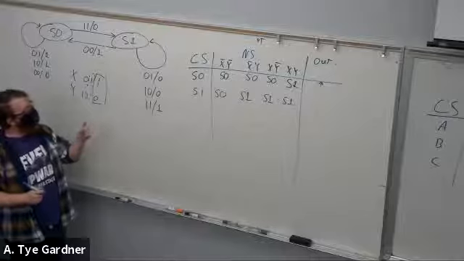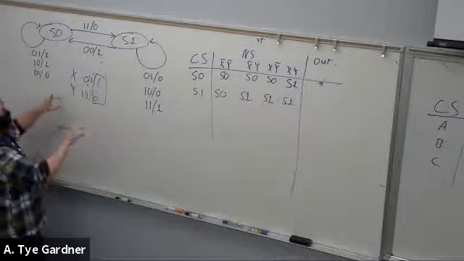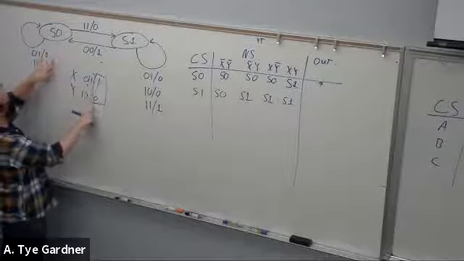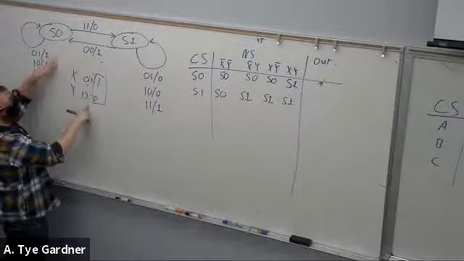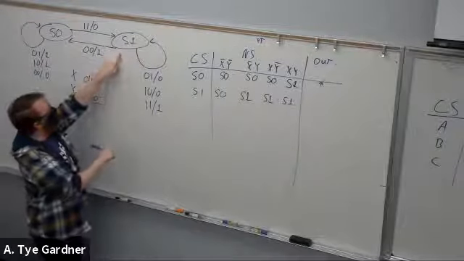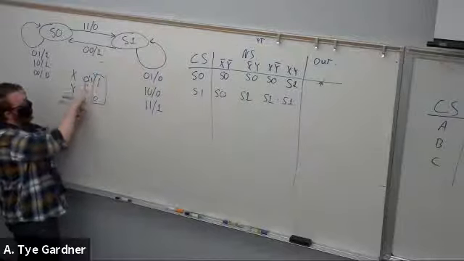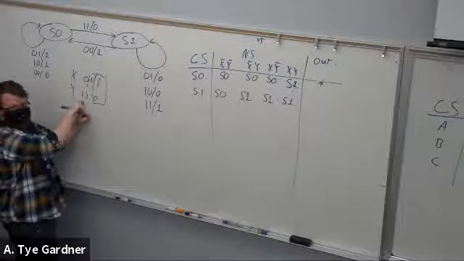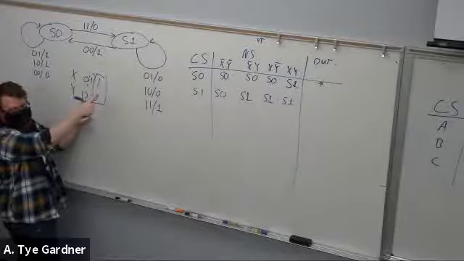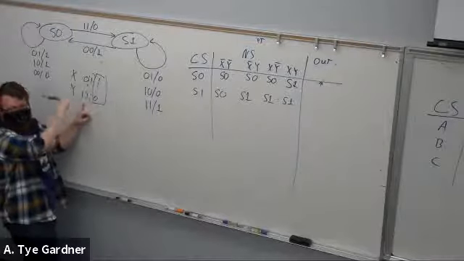Yeah, so if there's not a carry in, well, let's walk through it. 1, 0 stays. 1, 1, we go to state 1. We have a carry, and now we've got 0, 1, which is 0 with a carry. So I'm still there. Eventually, I will get 0 without a carry.